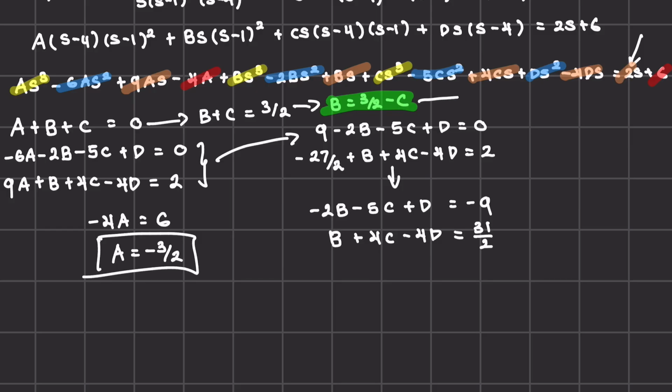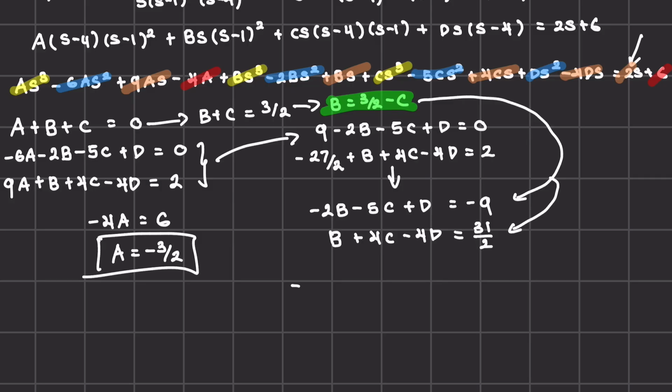Now, let's substitute our b into each of these equations. Therefore, if we substitute our b there, we only have c's and d's. And when we have two equations and two unknowns, we can use either substitution or elimination. We'll use elimination, okay?